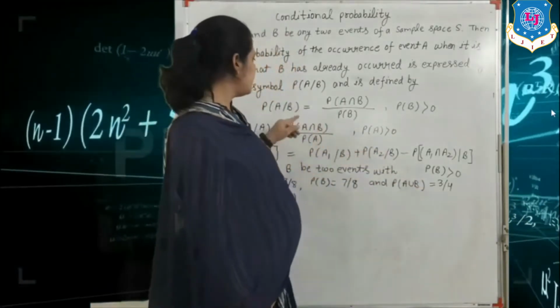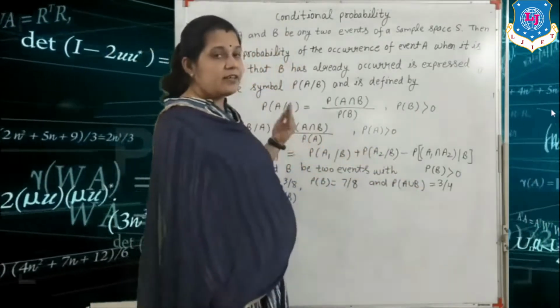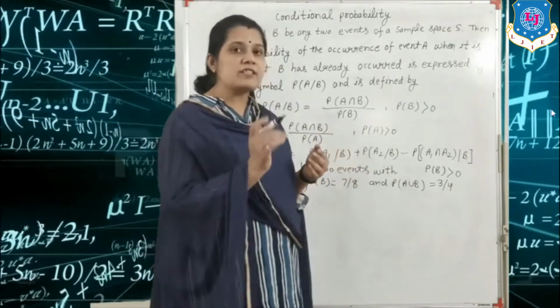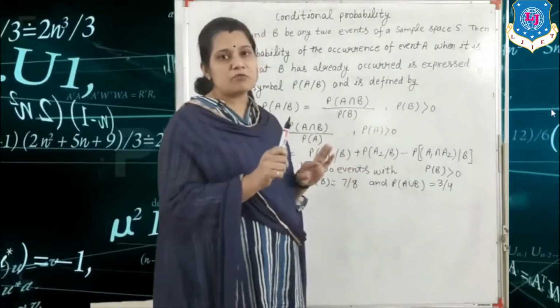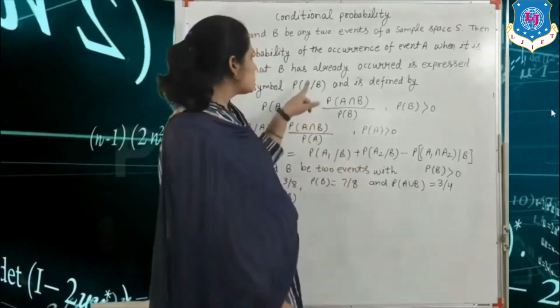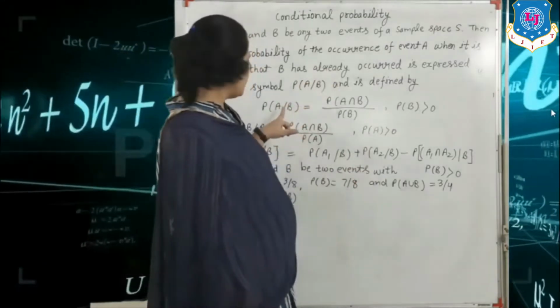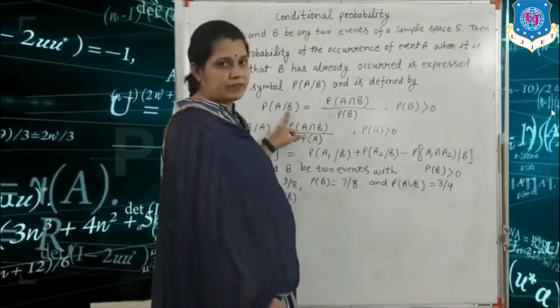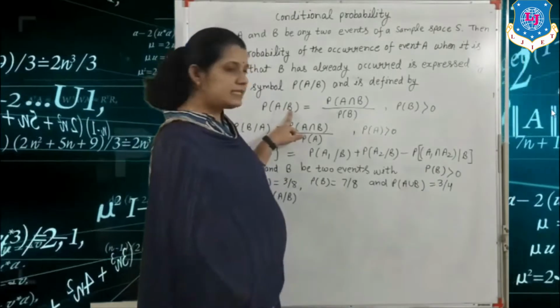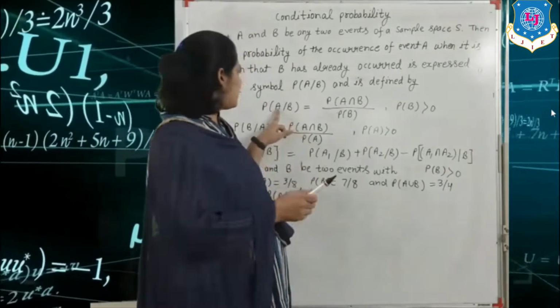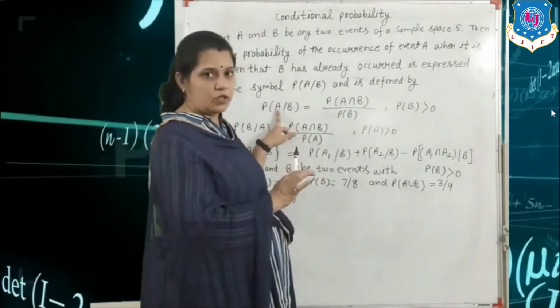Okay, so here the first event is already completed. What is the first event? The completed event, and the completed event is B. So here we write A slash B. That means B event is completed, after that A event is started.